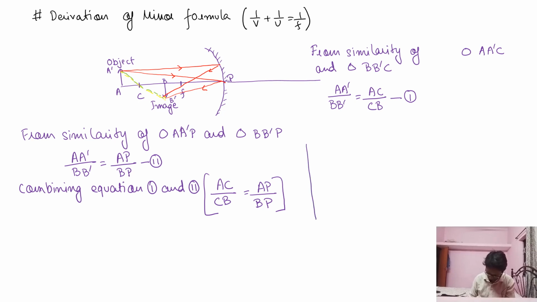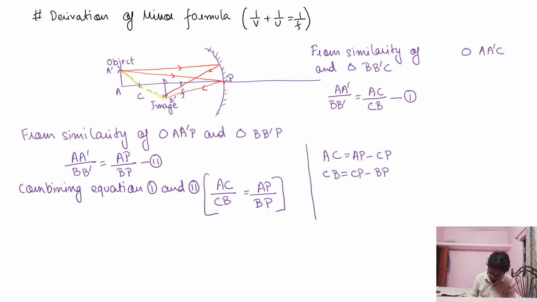Now see out here. What is AC? AC is nothing but this much distance. So AC is nothing but AP minus CP. So AC is equal to AP minus CP. Similarly, CB is nothing but CP minus BP. So CP minus BP is equal to CB.